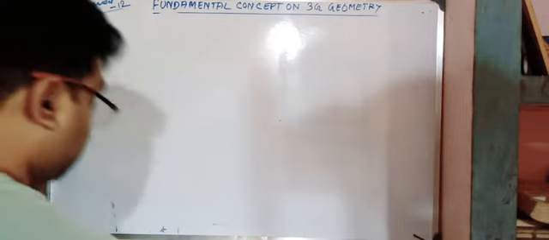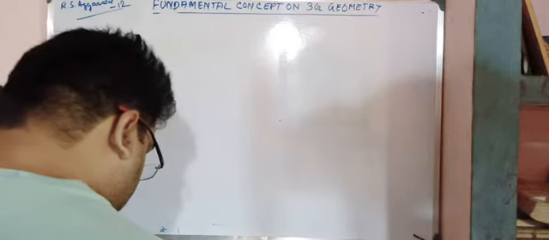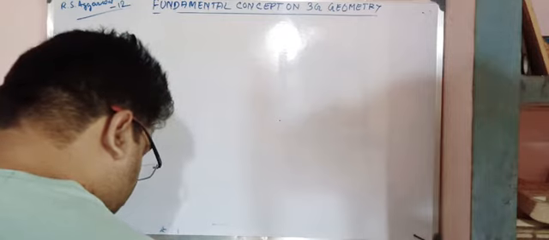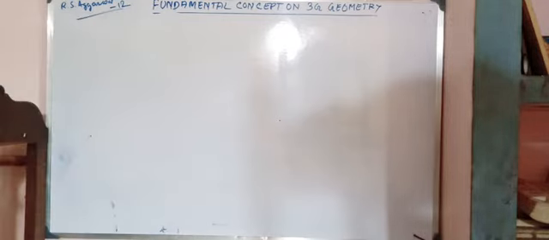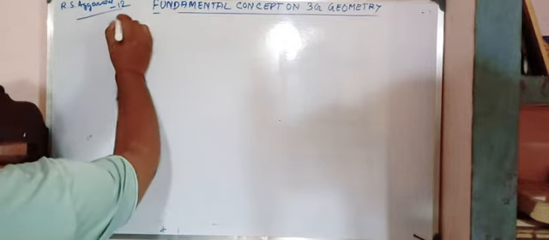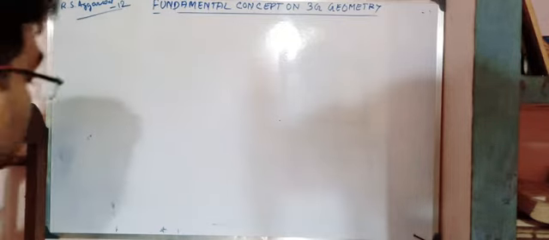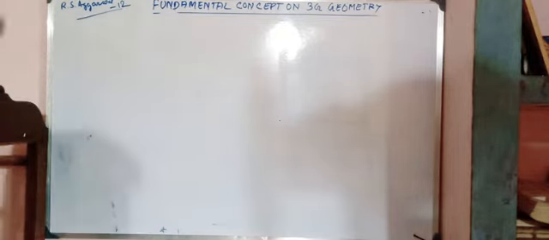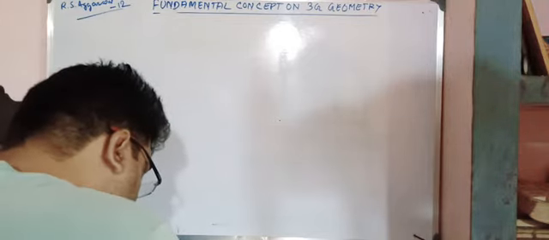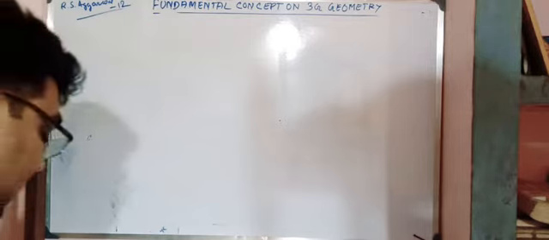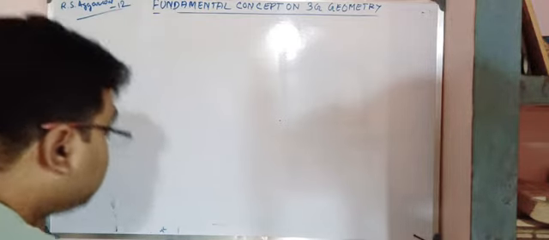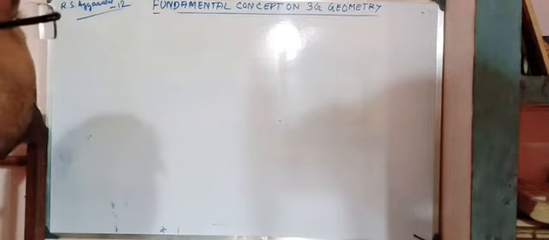Find the direction cosines of a line that makes equal angles with the coordinate axes. Let the given line make angle alpha with each of the coordinate axes.